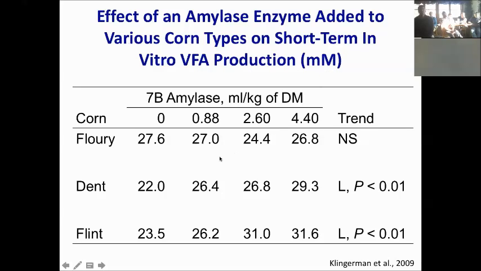And it is kind of what you would expect to see, that in general, the VFA production from floury corn is higher than it is with the flint out here. But when you add the enzyme, it has less of an effect with the floury material because it's already highly digestible, versus the enzyme has a bigger effect.